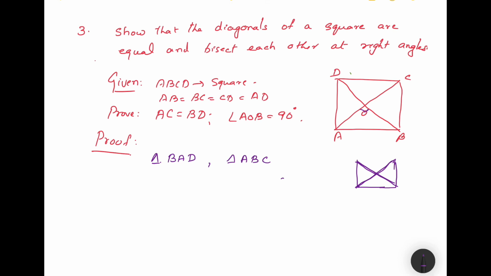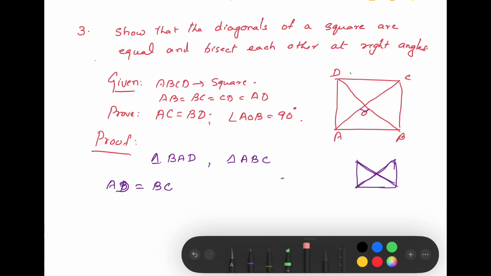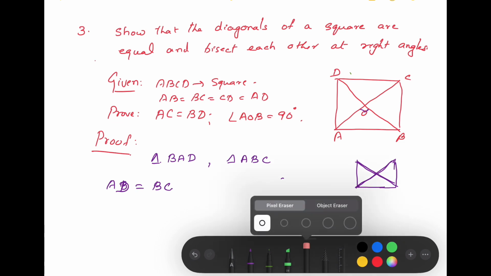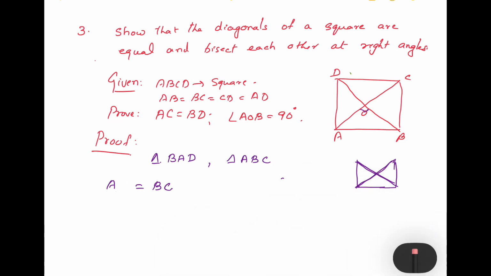So, we will start. In triangle ABD and triangle ABC, AD equal to BC, side.